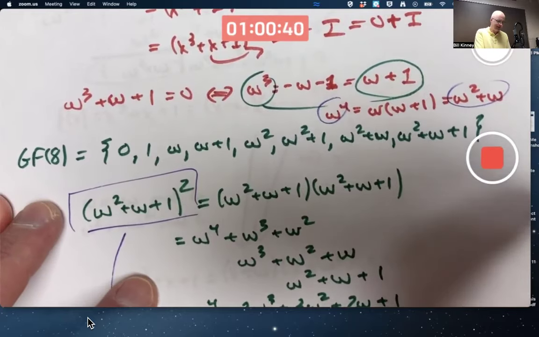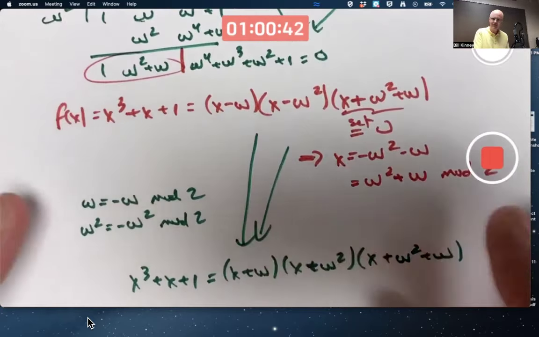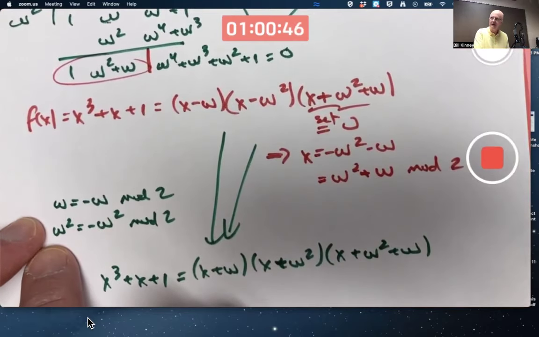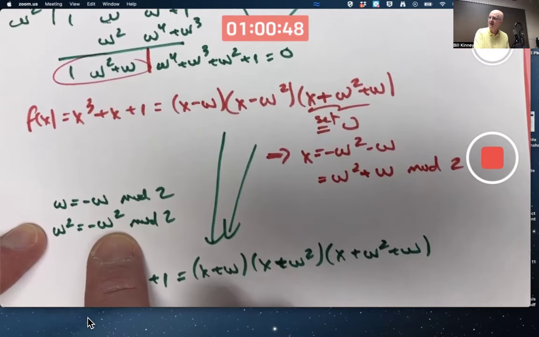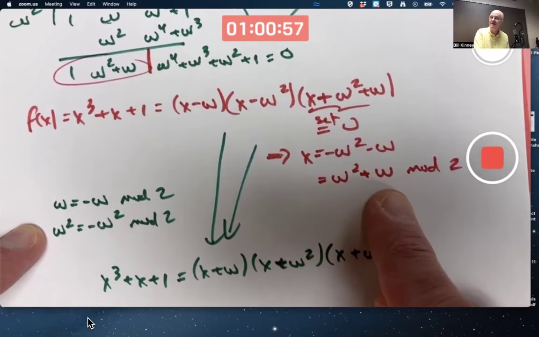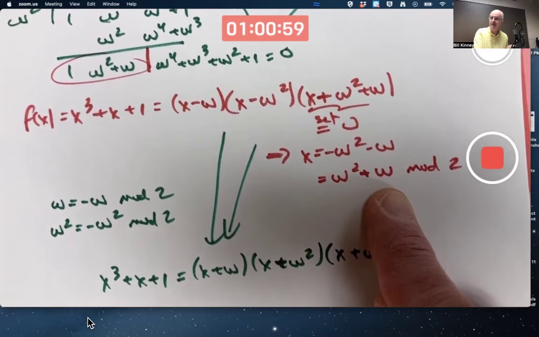Oh, yeah, that's kind of related to the fact that if omega is negative omega, omega squared is negative omega squared. Yeah, each element is its own additive inverse. Negative omega squared minus omega is omega squared plus omega. Each element is its own additive inverse.